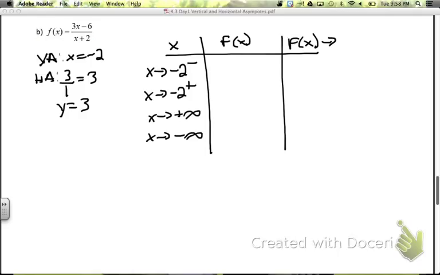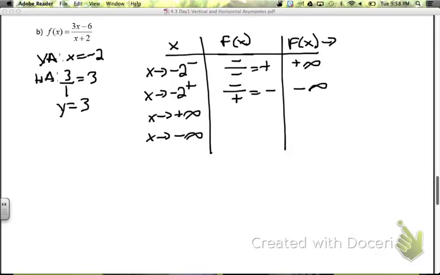So as x is approaching -2 from the negative side, if we were to take the value of -2.1, we're going to get a negative over a negative, which gives us a positive, which gives us a positive infinity. Now, as x approaches -2 from the positive side, this is going to give us a negative over a positive, which gives us a negative, and therefore our function is going to be approaching negative infinity.